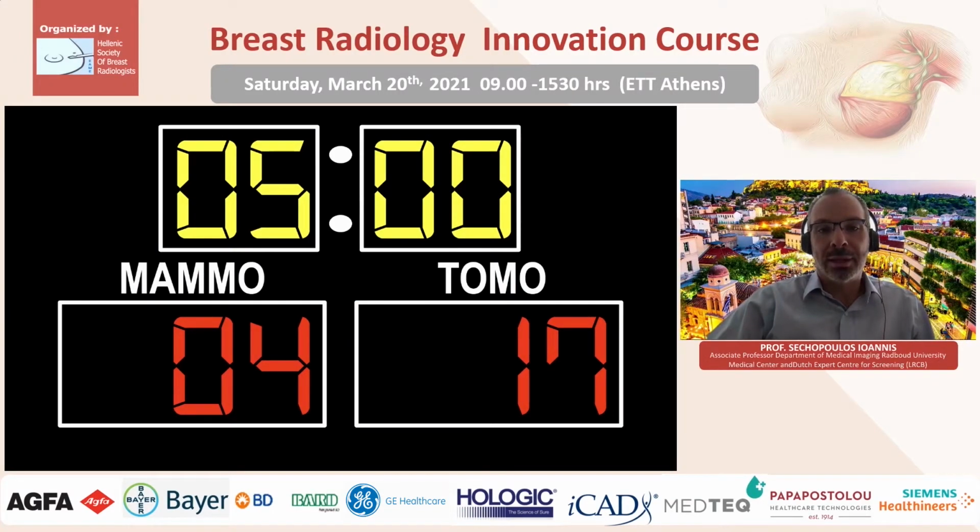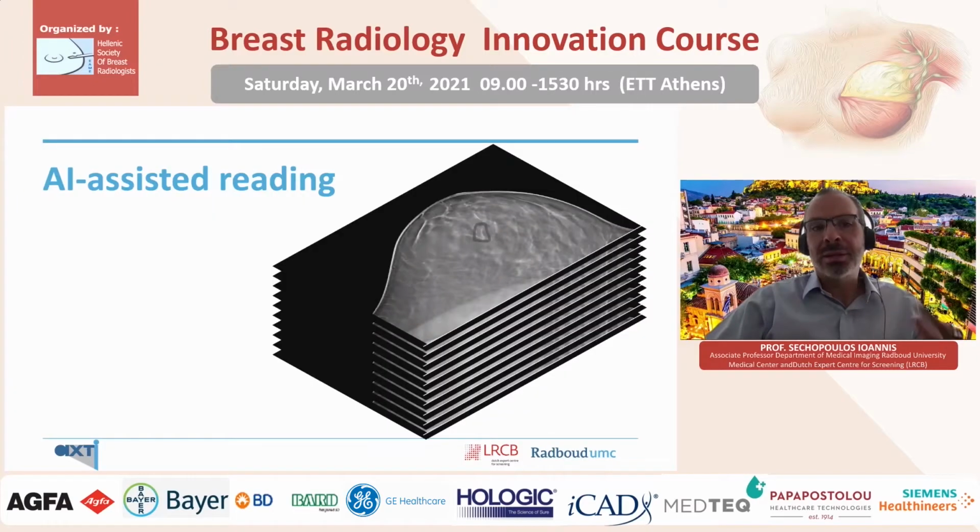So we're still again at 17 slices or images per case on average. But since we're talking about AI, another application for AI is, of course, AI-assisted navigation and reading of images, and especially in tomosynthesis.